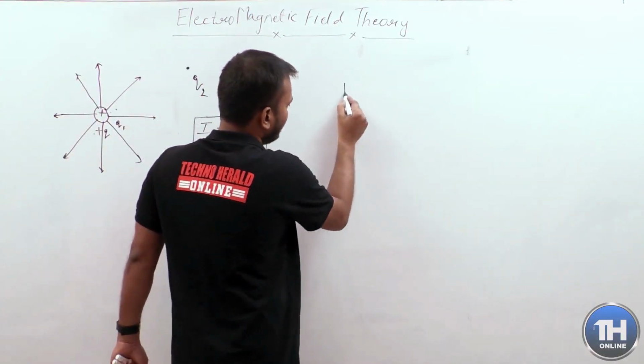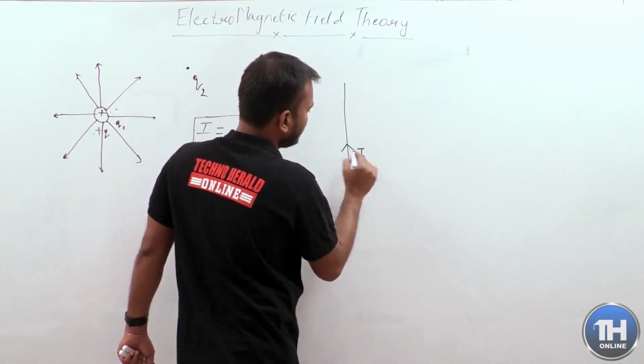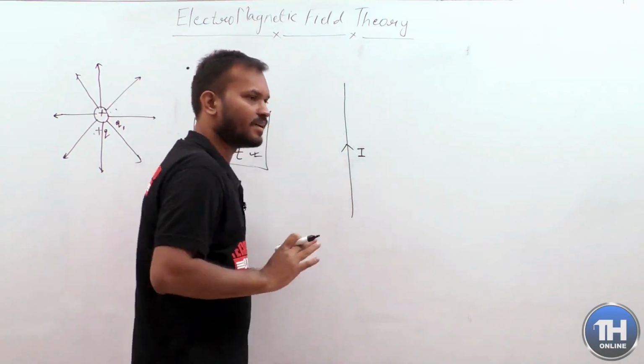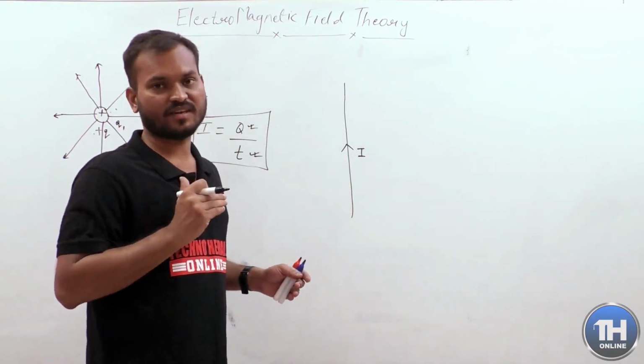When this current I flows through any conductor, we know that the current carrying conductor produces a magnetic field around it.